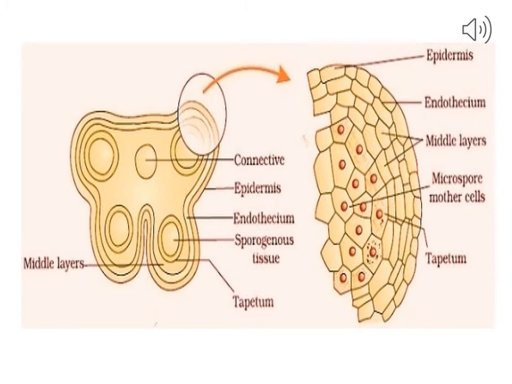So the endothecium helps in dehiscence of the anther, B is nourishing the pollen grains, which is the tapetum layer, and C helps in forming the spore tetrad. So just keep that in mind.